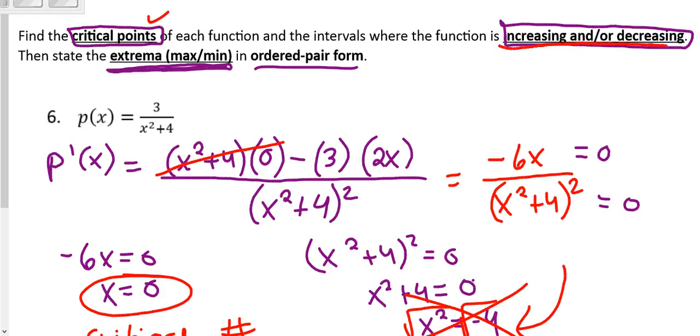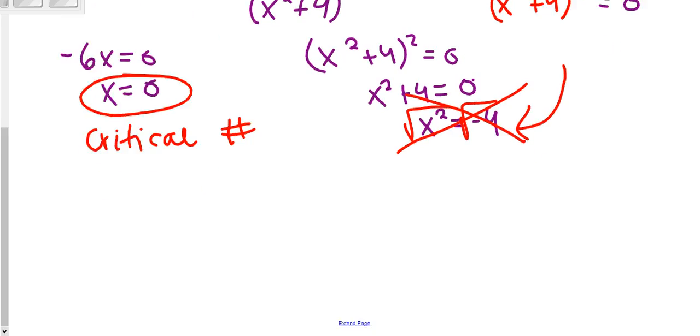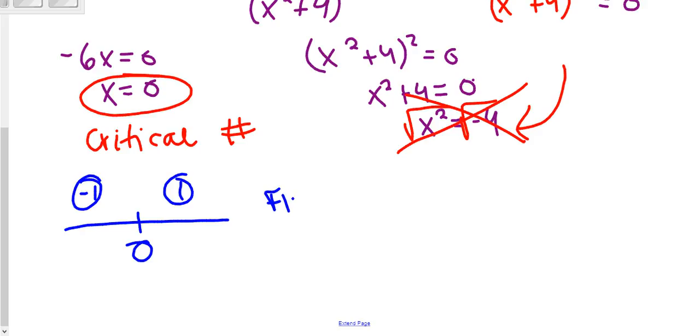Now we just have to find increasing and decreasing and the extrema. So to find that, we put this 0 on our number line. And we are only going to have two sides to check, so we need something bigger than 0 and smaller than 0. So let's do negative 1 and 1. Be careful that you're not getting the numbers that you're testing in your first derivative test mixed up with your critical numbers.